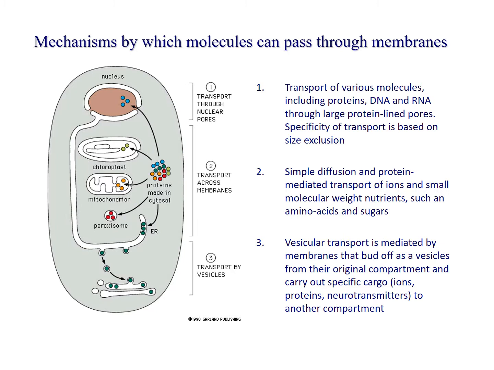How does material get through this lipid bilayer? Sometimes there are pores, so number 1, pores. And probably in your inquiry you talked about the nuclear pore. Proteins, DNA, RNA can go through. There is a size limit.